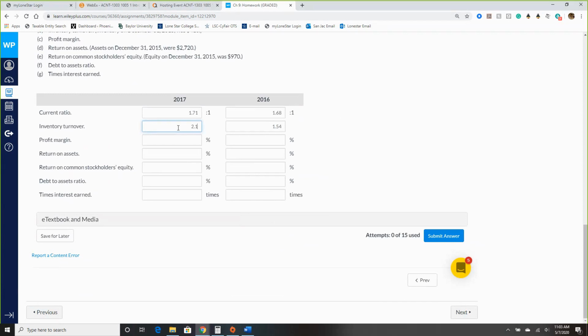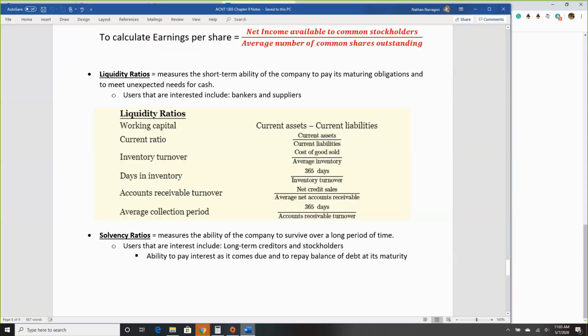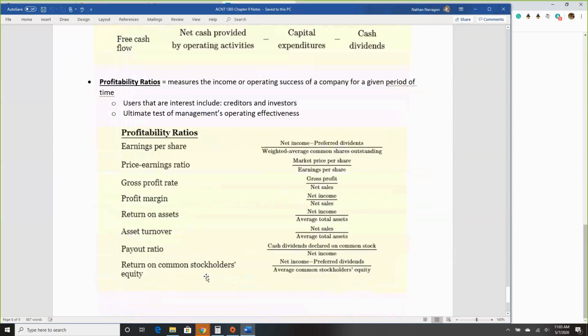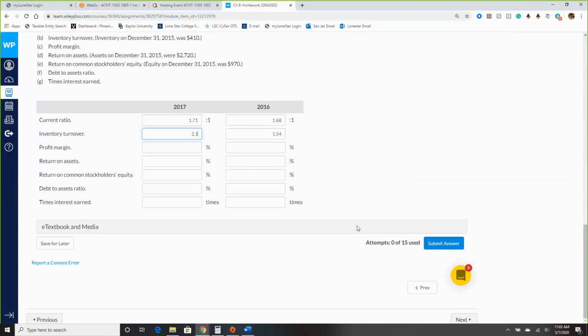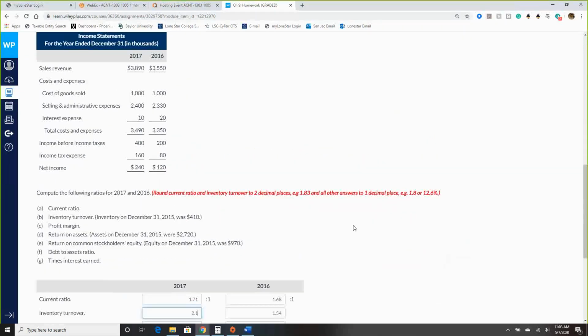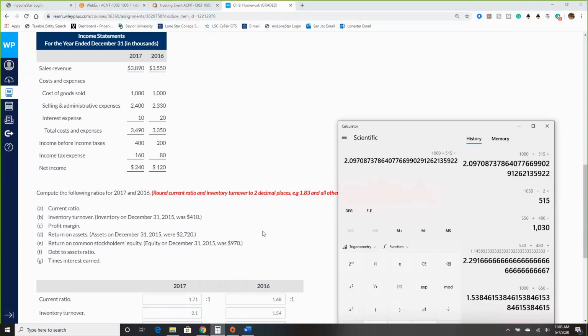Next is profit margin. Again, profit margin, net income divided by net sales. So that's 120 divided by 3. Basically, your bottom divided by your top here.